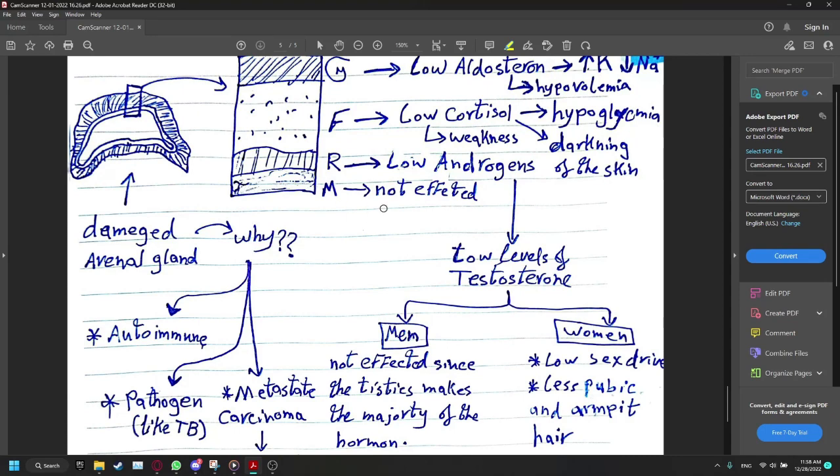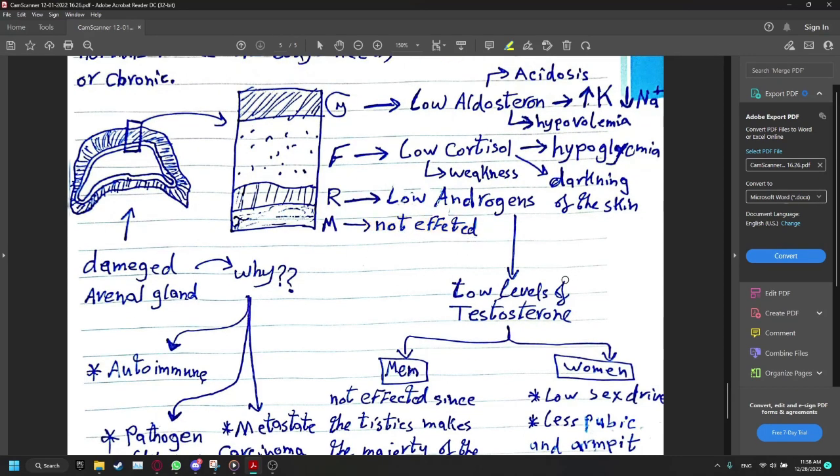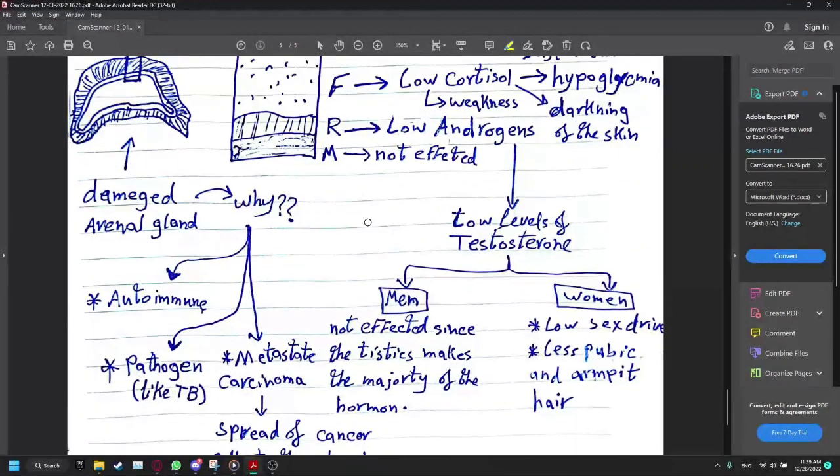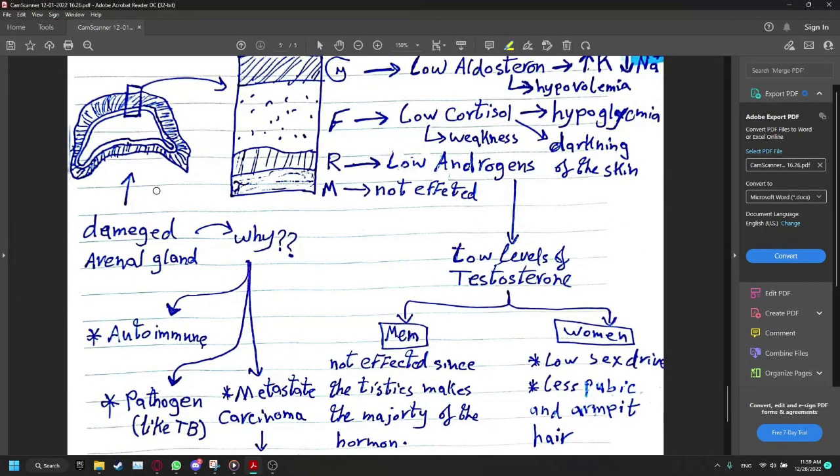And the medulla of the adrenal gland is not affected because, as we said, it's stimulated by a nerve, not by hormones. And so it's not affected here. So, assuming there is damage in the adrenal gland, what kind of damage?